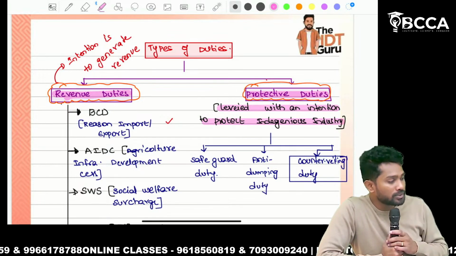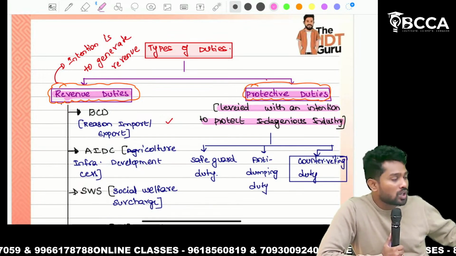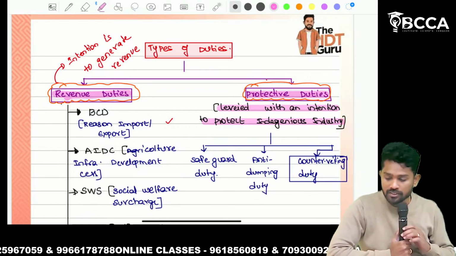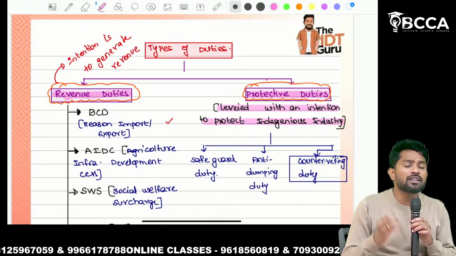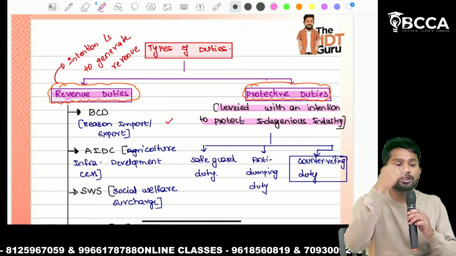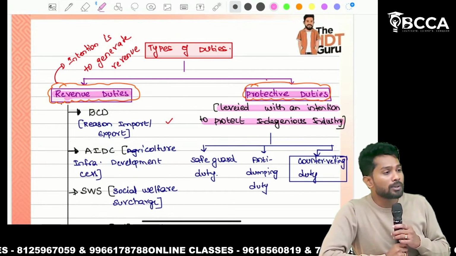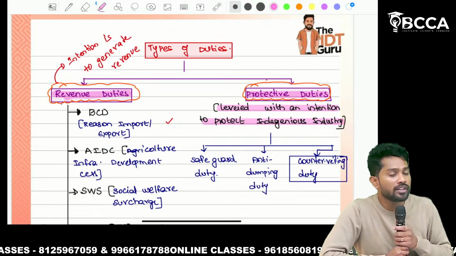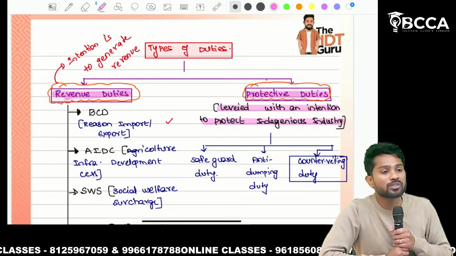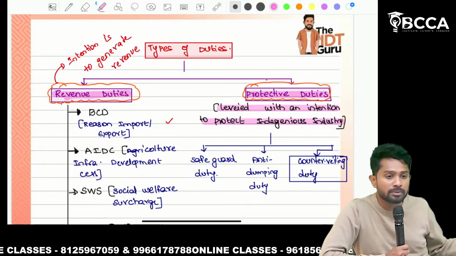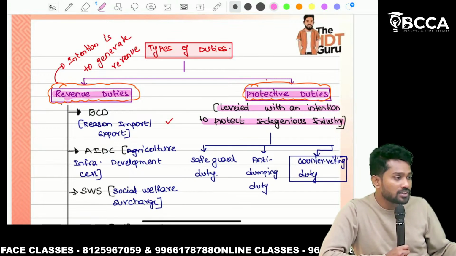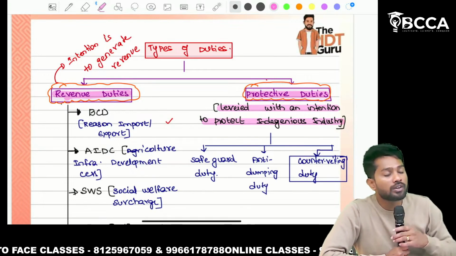Let's say, for example, considering our raw material availability, manpower, and other infrastructure facilities, for us to manufacture a mobile, minimum it takes 8,000. Now, there are mobiles from other countries being dumped into India for 4,000 only. If they are allowed to sell those 4,000 mobiles, eventually this Indian company cannot survive. So this Indian company will lose its existence. So we will be completely relying on imports only.